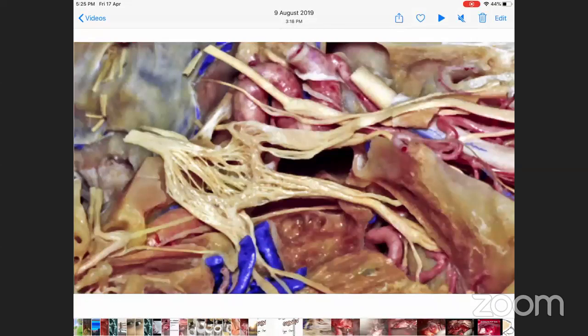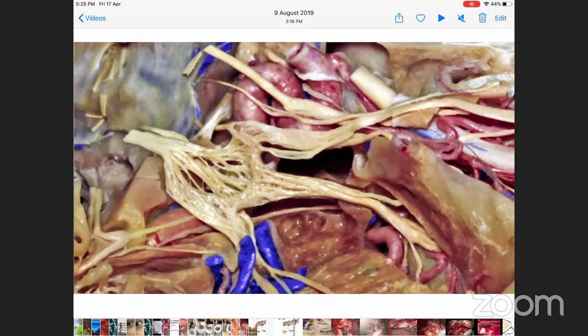Can everybody identify the optic nerve? Yes. Right. So can you identify the ophthalmic artery? Excellent.